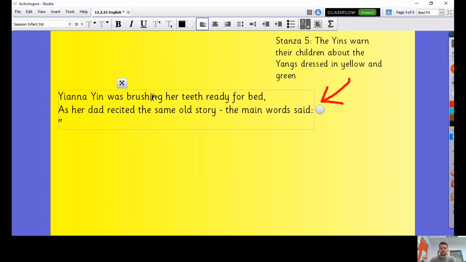Instead of saying about dressed in yellow and green, I might change something a little bit here. I might go for "Beware of the Yangs. Their smiles are not all they seem." I know that lots is going to rhyme with seem. Scream, dream, because they're going to bed, that works.